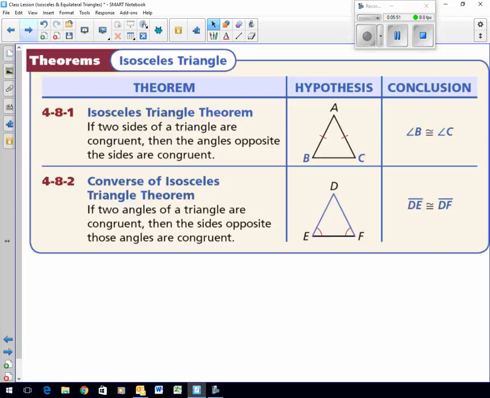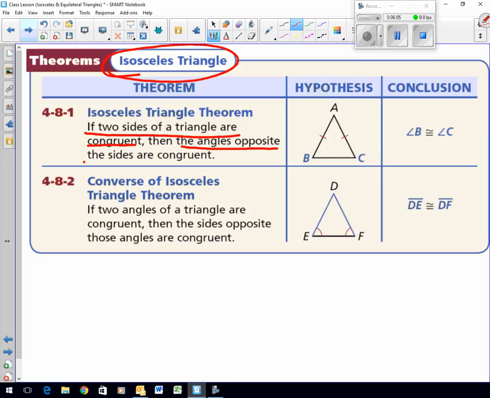All right. Let's talk about our isosceles triangle theorem. Here's what we need to write down. First off, our theorem tells us that if two sides of a triangle are congruent, the angles opposite those sides are congruent. You've got to be able to do this part.